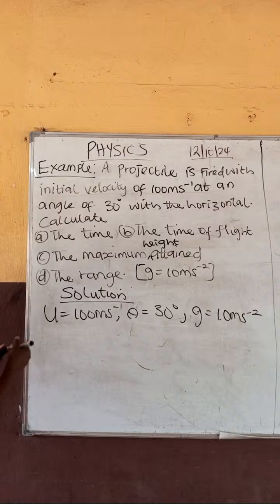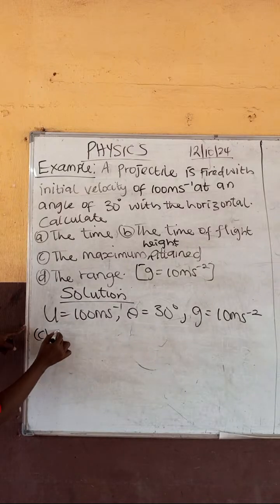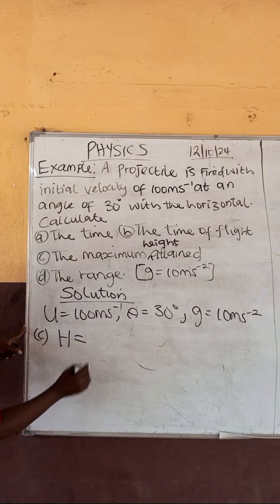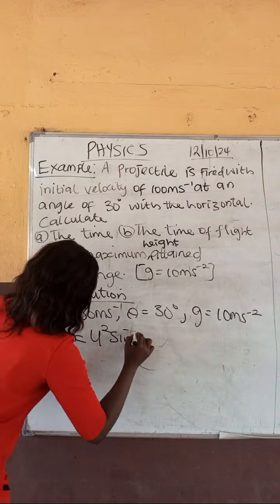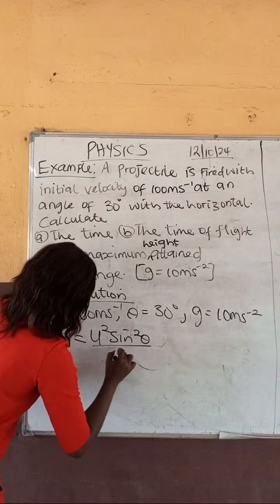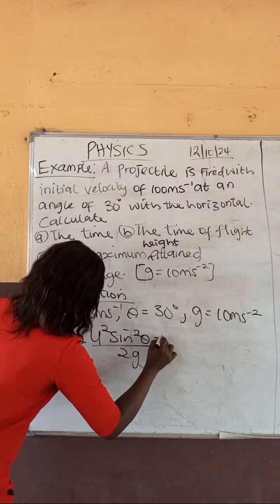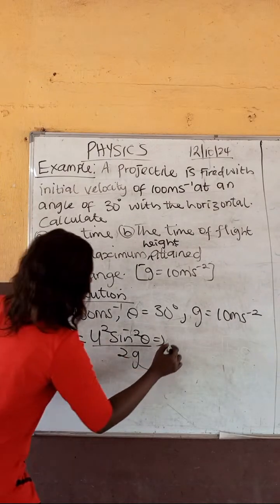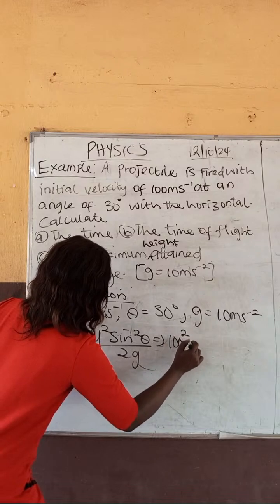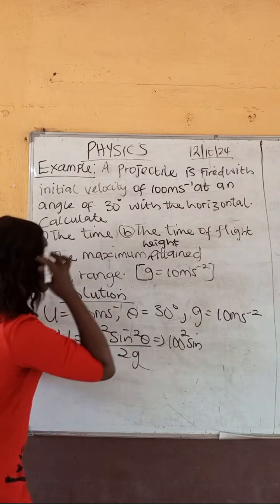The maximum height, that is C. The formula: H is equal to U squared sine squared theta over 2G. So let's put in what we have. My U is 100, so I'll have 100 squared sine.